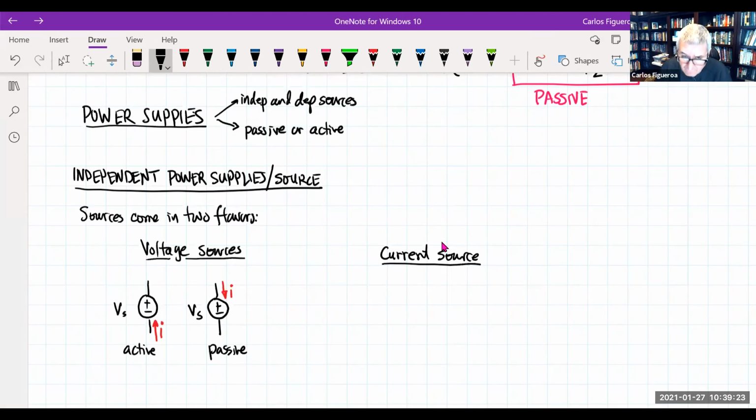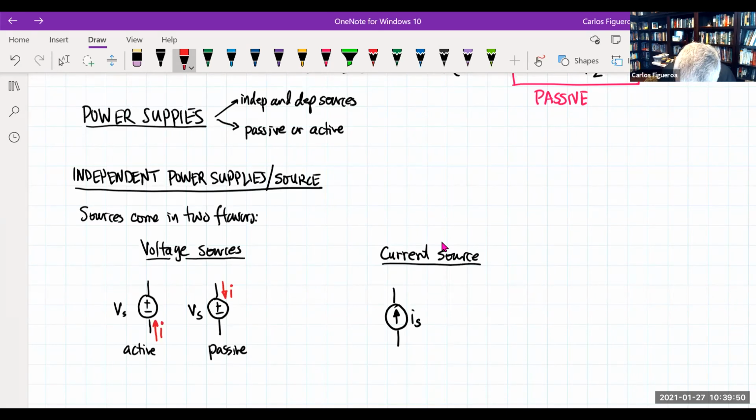Well, a current source will supply current to a circuit here. So it is clear that the source current is flowing upwards here. So the question is not the direction of current, but the polarity of the voltage here.